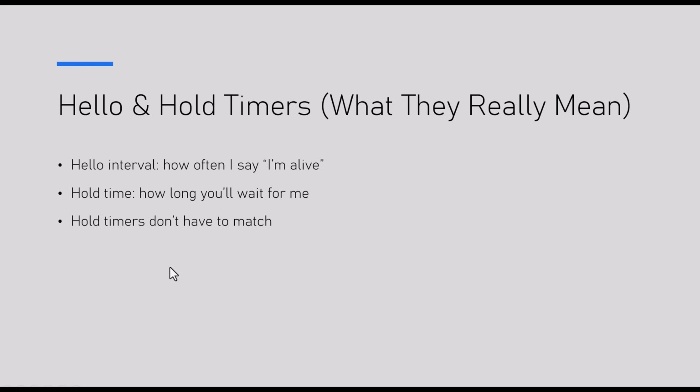Hello timers and hold timers are important. Again, what is hello interval? How often I say I am alive. What it means is I send hello packets to you every few seconds, and based on that, you can understand that I'm here. If I cannot send you any hello message, you're going to wait for some time, which is called the hold timer. And after that, you're going to pronounce me dead.